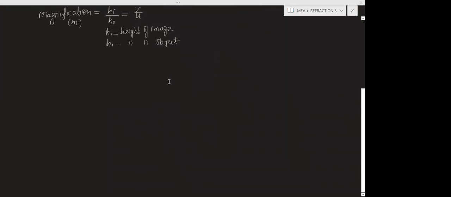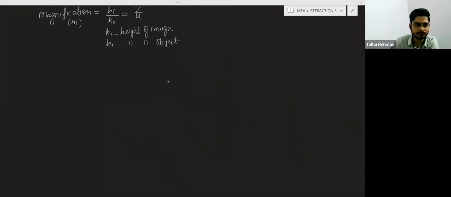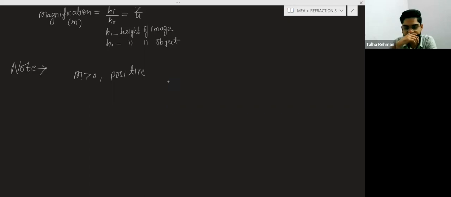Okay. So now there is one note. If your magnification is greater than zero, it means positive; minus one is less than zero, that is negative. If your magnification is positive, you can comment about the nature of the image.